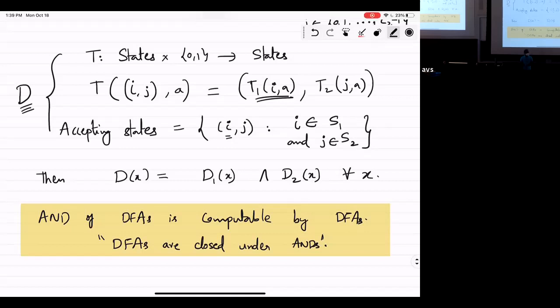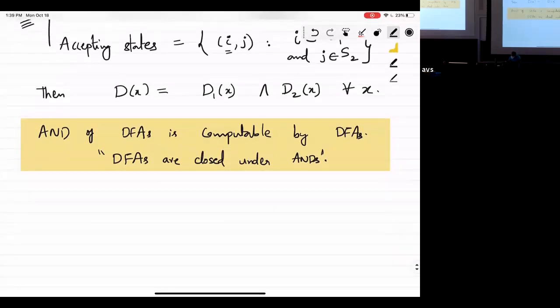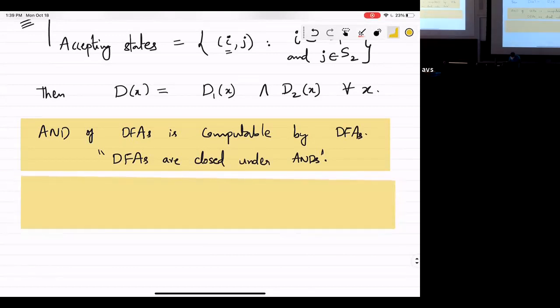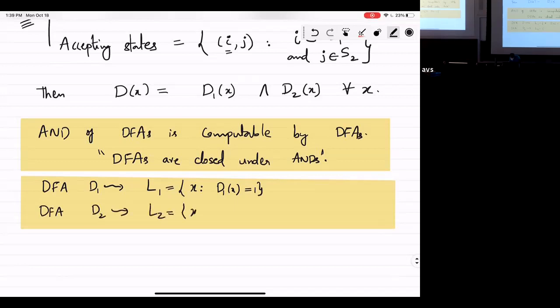Okay. All right. So there's an alternate way of looking at the same thing, and that's in terms of languages. So we had DFA D1, which corresponds to language L1. And DFA D2 corresponds to language L2.